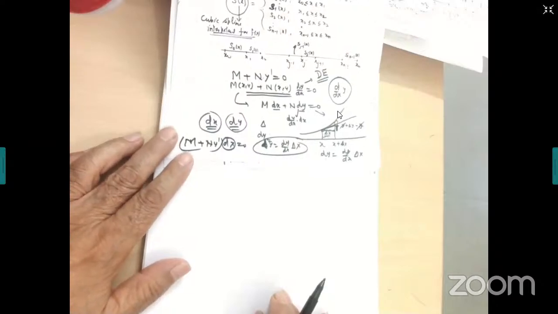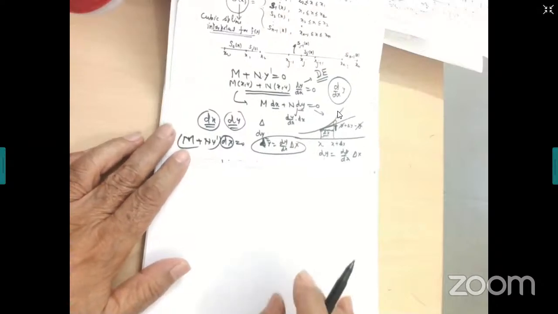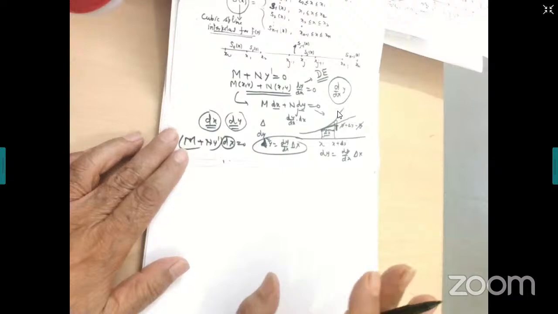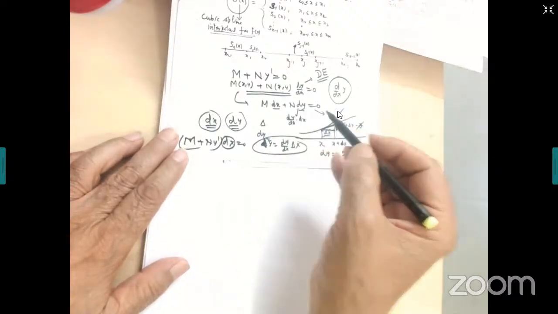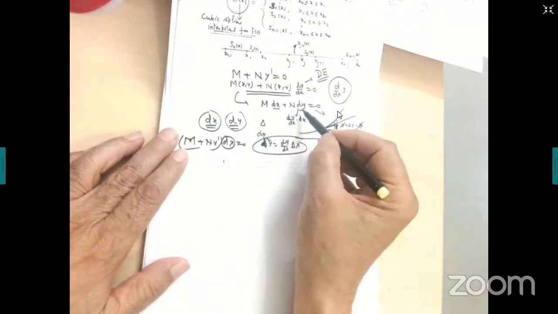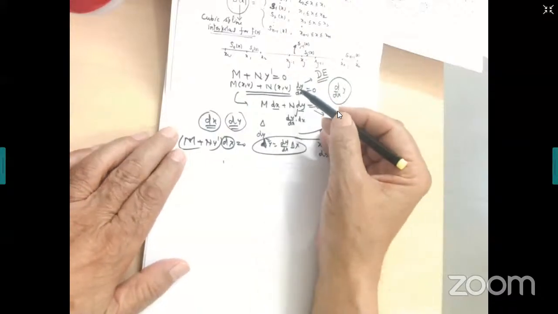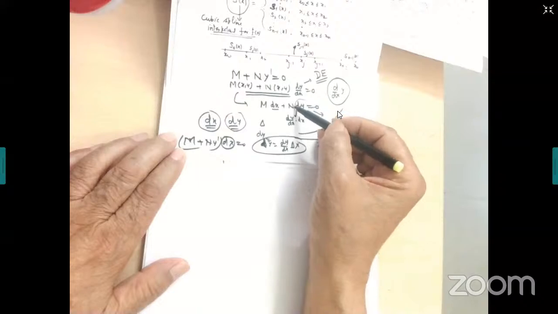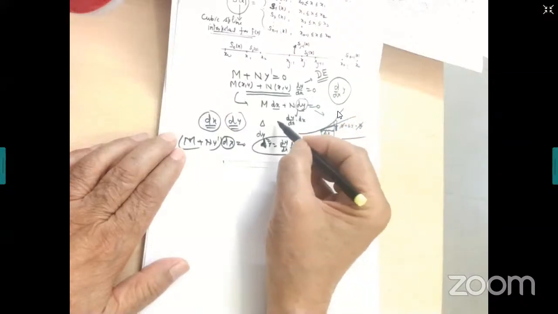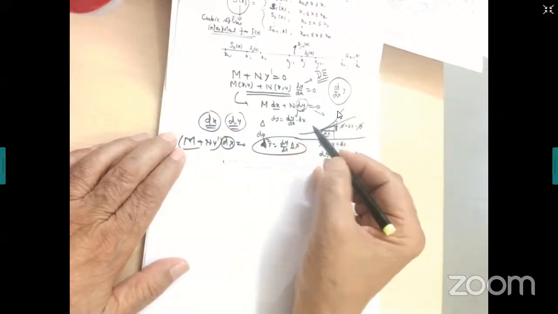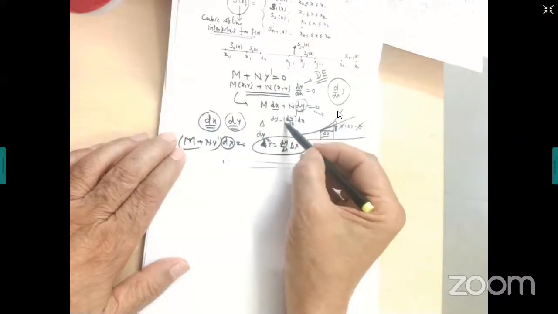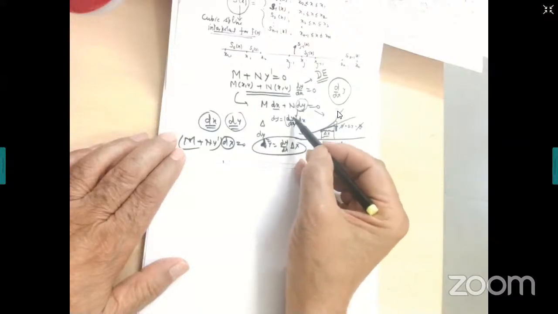Does it make any sense? So I just wanted to explain the difference between the differential form and the differential equation. Both are the same in this sense, because dy can be written as dy by dx into delta x. This is y dash, the operator d/dx operating on y.